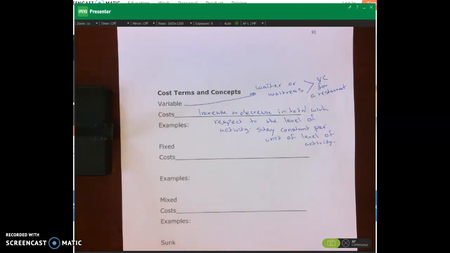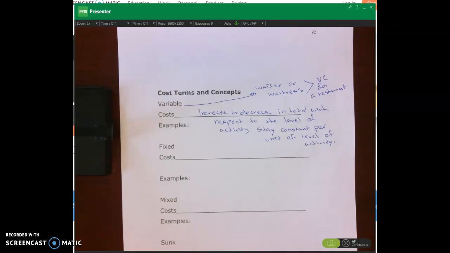So your total cost that you have to pay out for that night, your total expenses, you being the restaurant, your total expenses will increase simply because you'll have more waiters and waitresses on staff for that night because you have more customers. Those waiters and waitresses will be working more hours to service the larger number of customers, right? So from the restaurant's perspective, as the number of customers increases, they have to bring on more waiters and waitresses to help those customers.